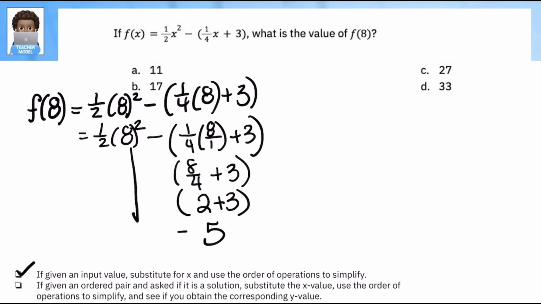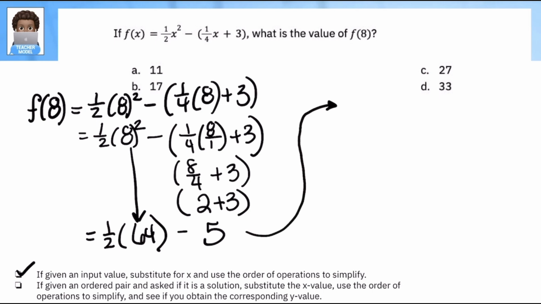Right, now I can just rewrite the rest. And I'm going to just carry it all the way down. And 8 squared is 64. Okay, so now I just have to do 1/2 of 64 minus 5. For space, I'm just going to use a little arrow that shows I'm continuing my work on the other end.